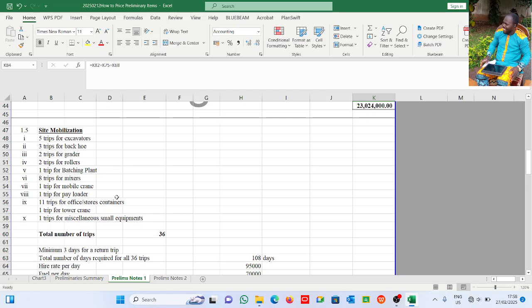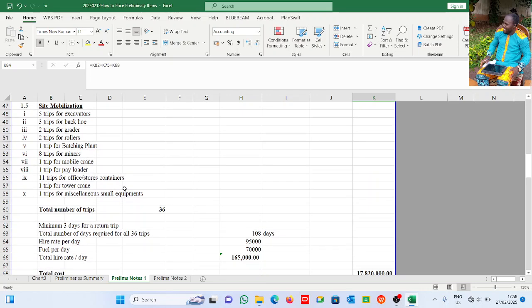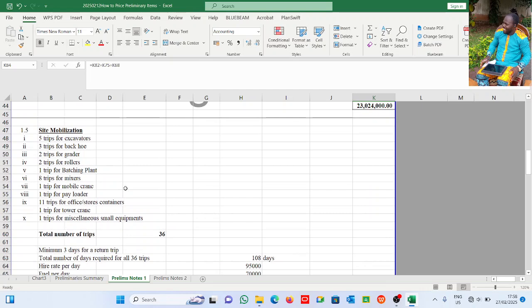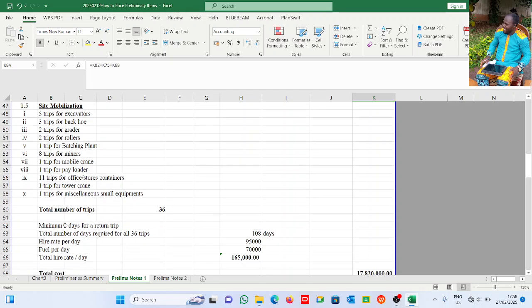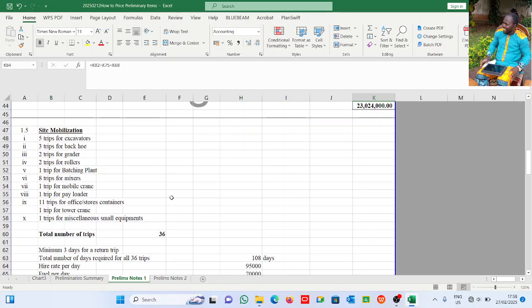And of course, in moving them down, you're going to be using a low loader. Low loaders don't move too fast, they just go at their own max speed, to and fro depending on when they reach there. And of course, it takes a minimum of 3 days for a return trip for that particular low loader.